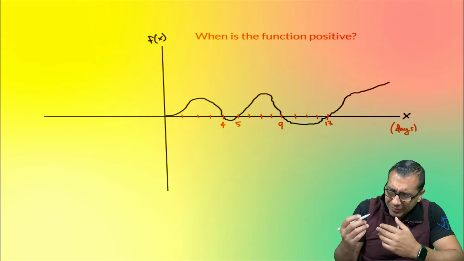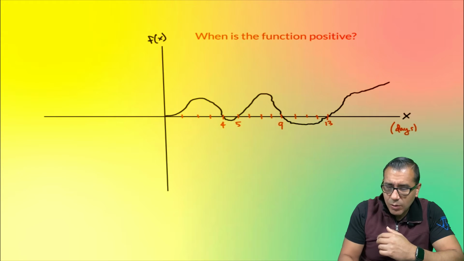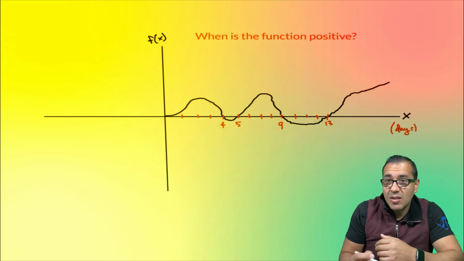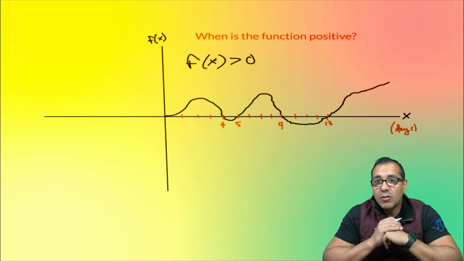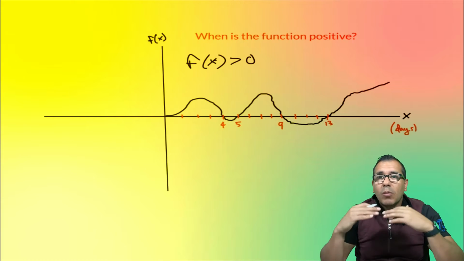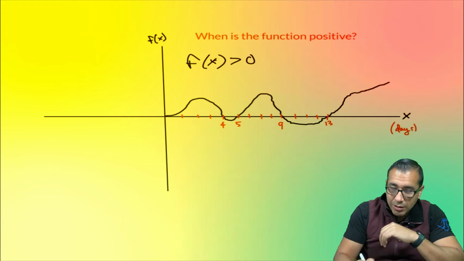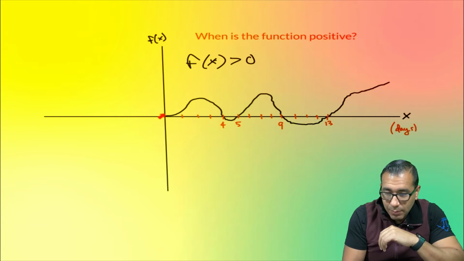So here, let's say I'm interested in when the function is above the x-axis, when the function is greater than zero. If we're looking at when it's greater than zero, we're strictly looking at when it's above zero. So we can see that it's above zero from 0 to 4.